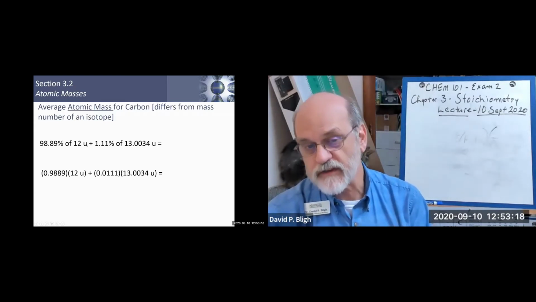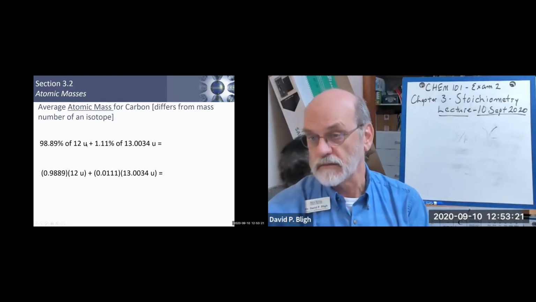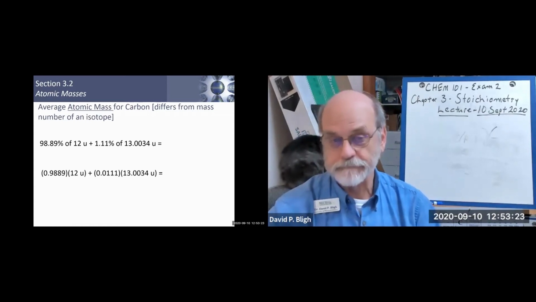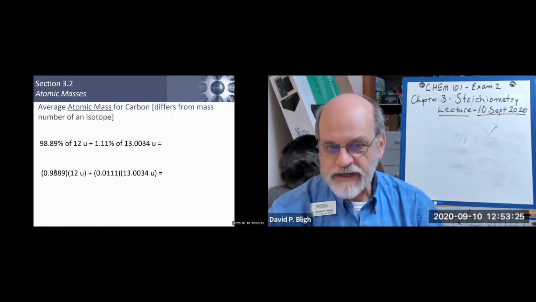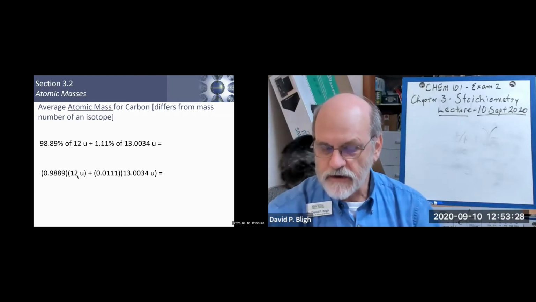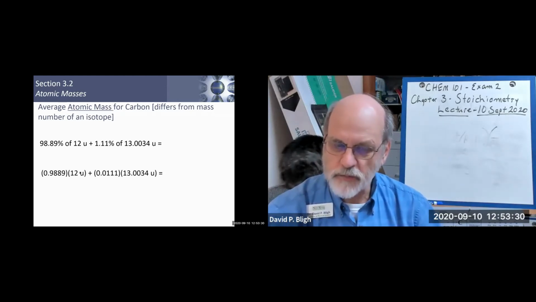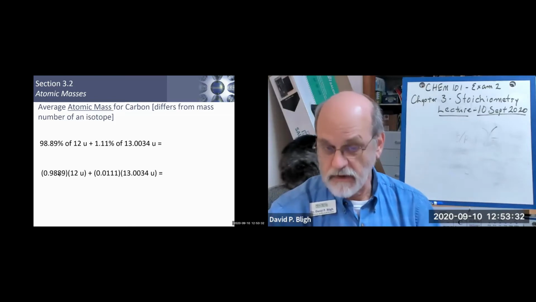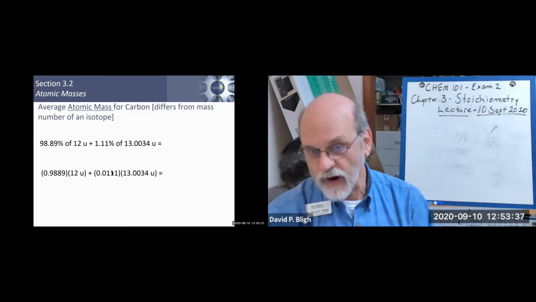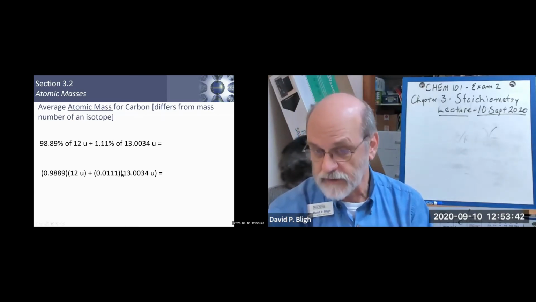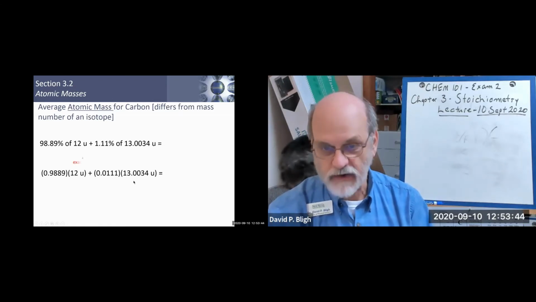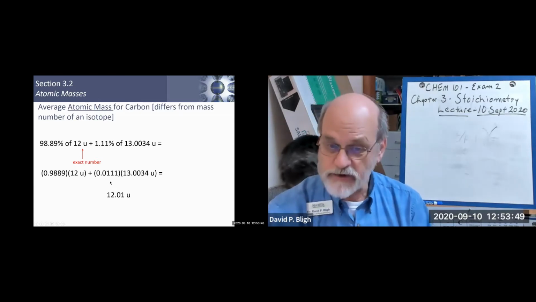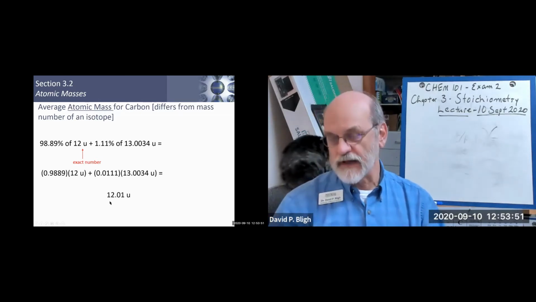Sometimes you'll see that instead of the U, it'll be AMU. Okay, you can see it either way. And we take the fractional units, and isotope 12 contributes a large part of the total, and this is a minor part. That's what is represented: 1.11% is 0.0111, and we do the calculation, and the average then is 12.01 to 2 decimal places.